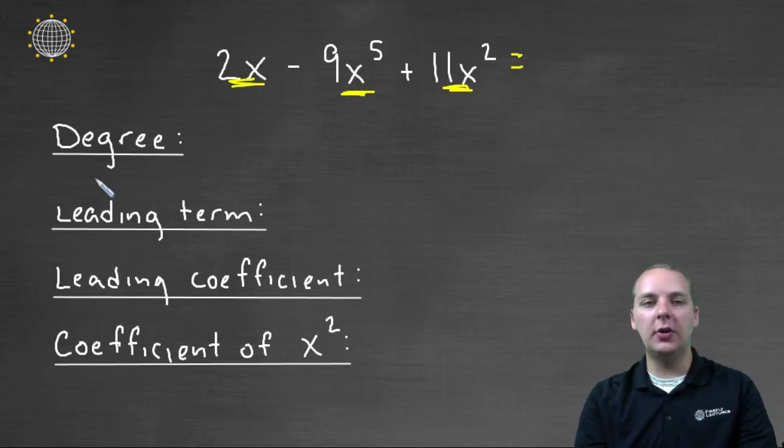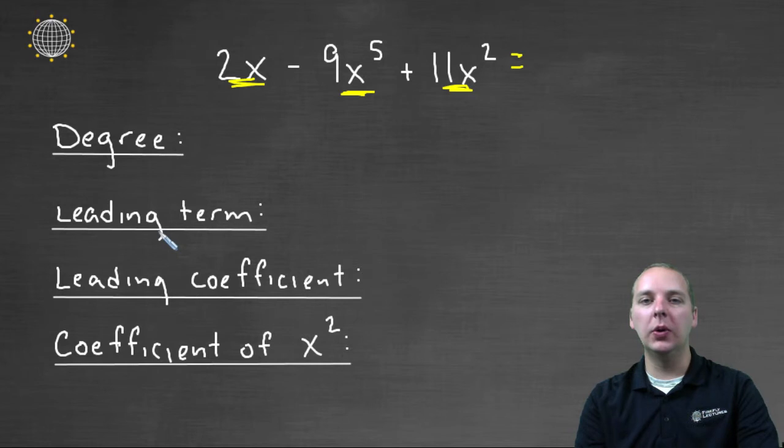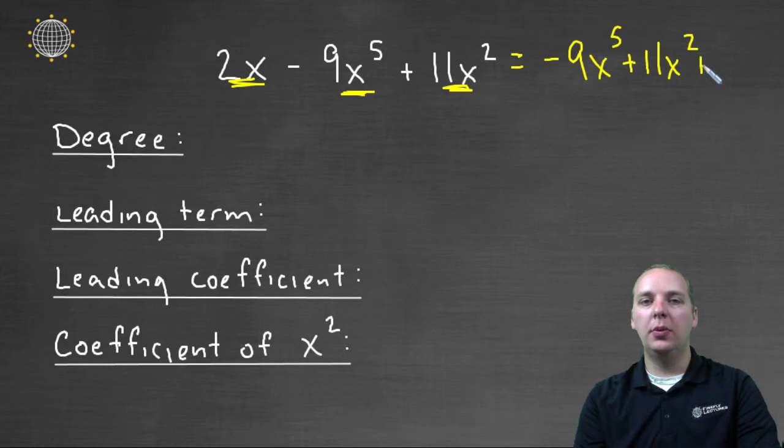So before we start talking about degrees or leading terms or coefficients, we should rewrite this in descending order. So we have negative 9x to the fifth, that's the term that has the highest exponent, plus 11x squared plus 2x. All right, then it makes it pretty clear the degree is going to be 5.